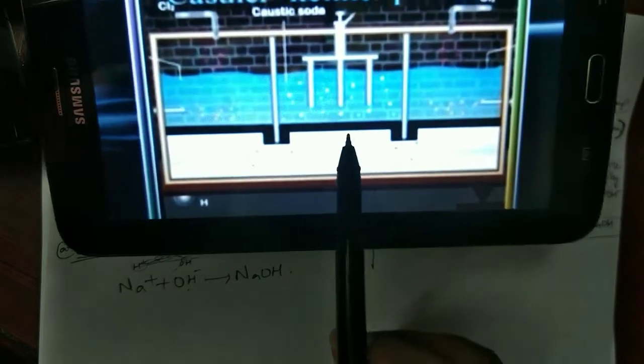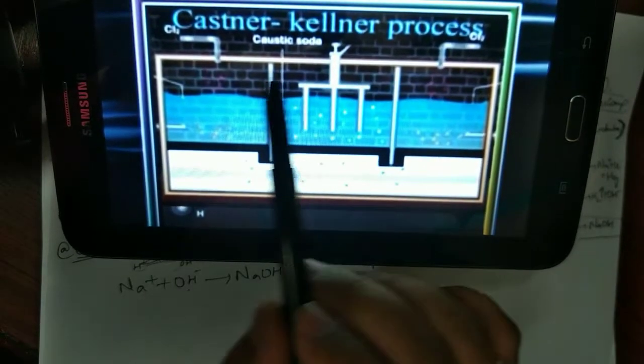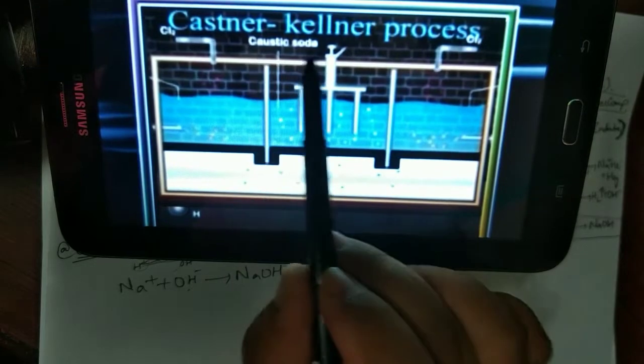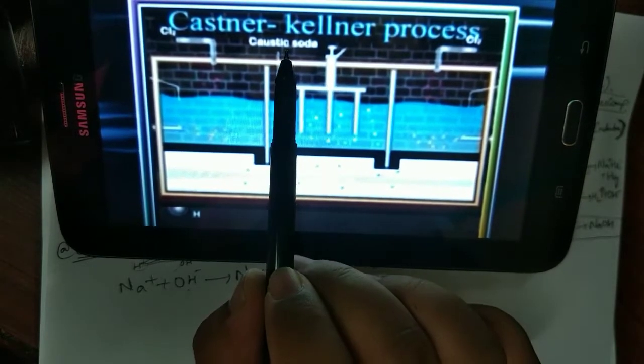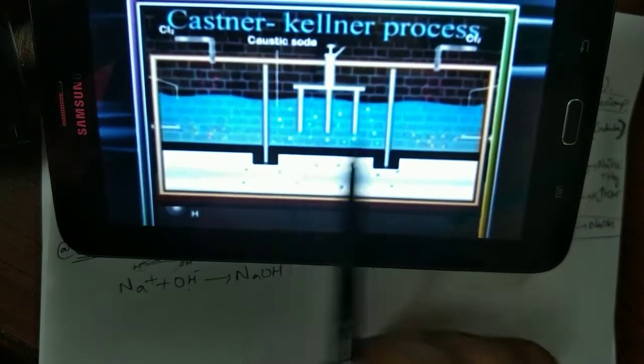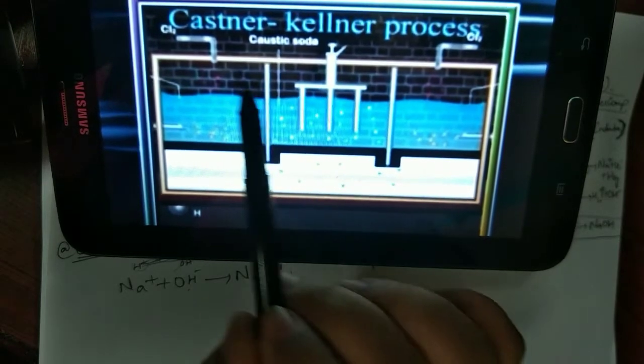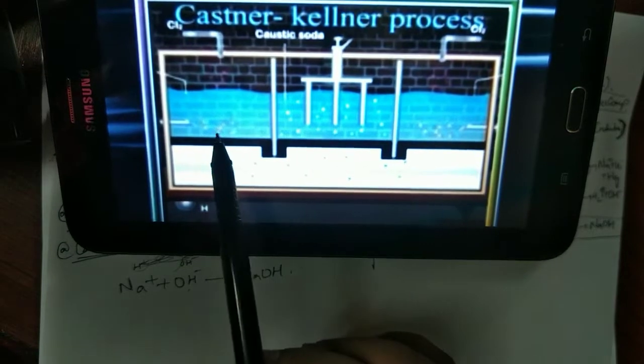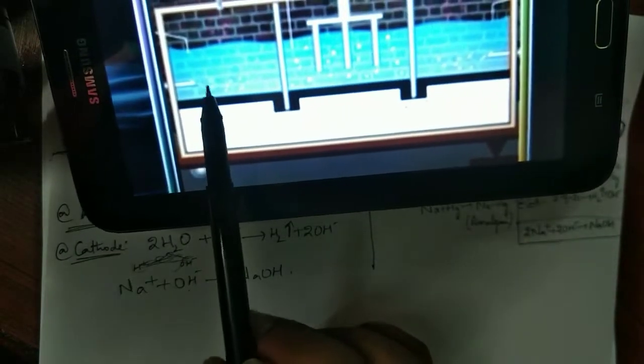Okay. So what happens in the reaction is, this is our brine solution, NaCl solution, and a little amount of dilute caustic soda, NaOH, is added in the central compartment. When the current is passed, it starts with the chlorine.